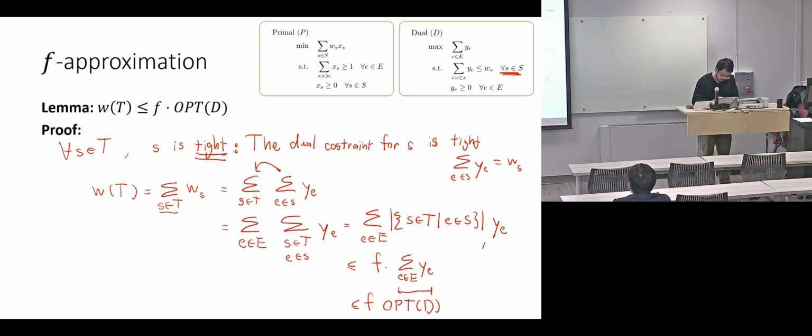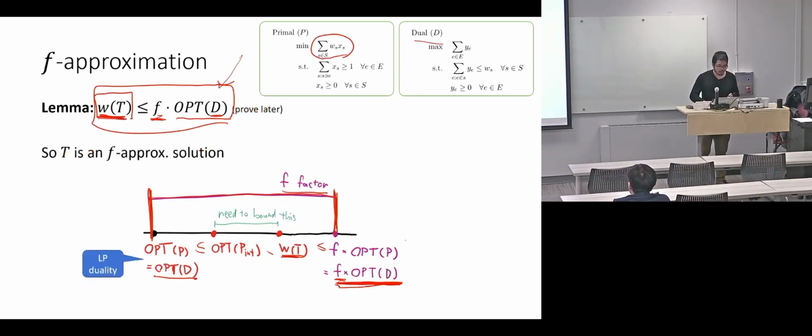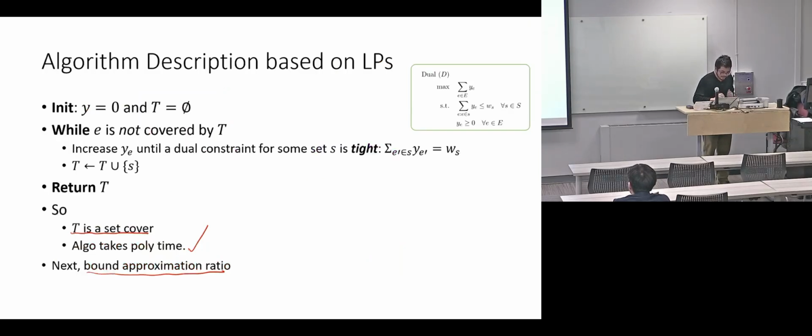Why is this? First of all, y is from this dual LP, and very importantly, the y that we construct is feasible, right? In the way that we construct our y, we make sure that we never violate any constraint. We stop once it's tight.